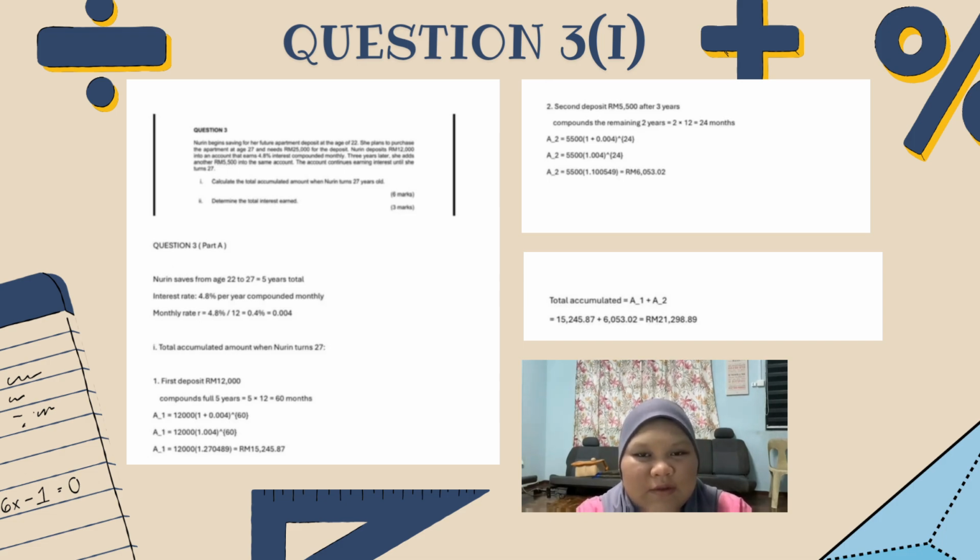In this question, I will use the compound interest formula. FV equals PV(1 + i)^n for each deposit. For the first deposit, 12,000 times 1.004^60 equals RM15,245.87. For the second deposit, 5,500 times 1.004^24 equals RM6,053.02. So the total amount at age 27, 15,245.87 plus 6,053.02 equals RM21,298.89.